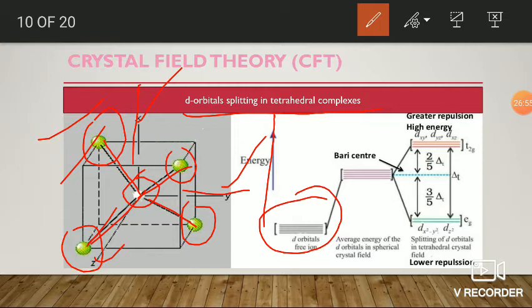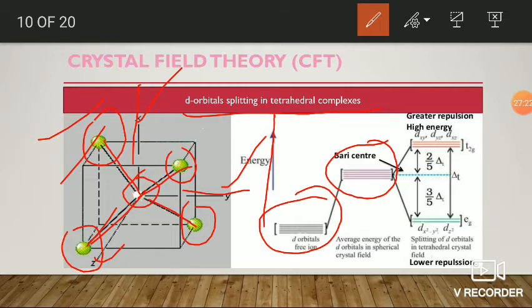When the ligands approach the central metal ion, the energy of these orbitals slightly increases. During the complete approach of the ligands toward the central metal ion, the splitting of d orbitals takes place.